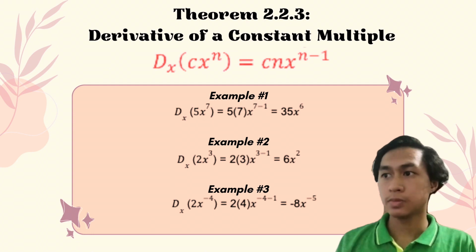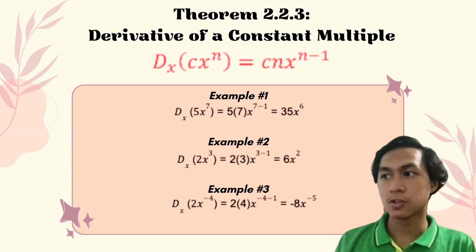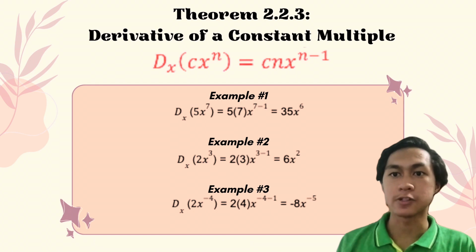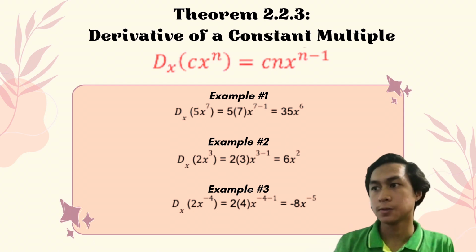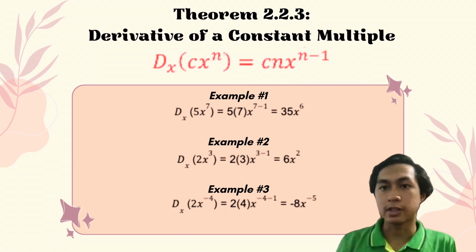For the third theorem, it says that the derivative of cx raised to n is equal to cnx raised to n minus 1. For example, we have the following numbers. The derivative of 5x raised to 7. It has the same properties as the derivative of a power. The only difference is that we have to multiply the duplicated power along with the constant of x.